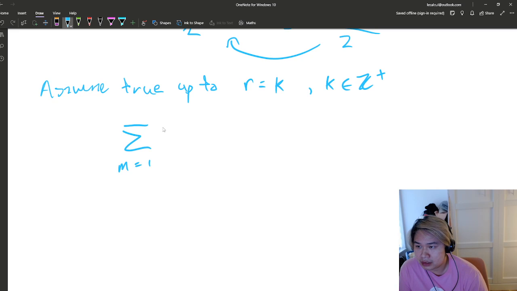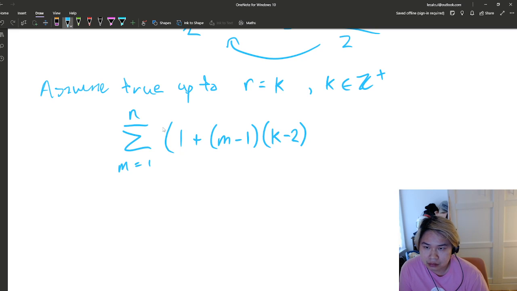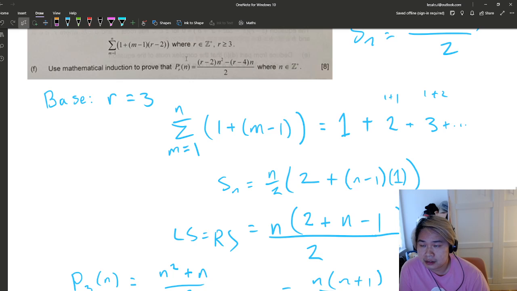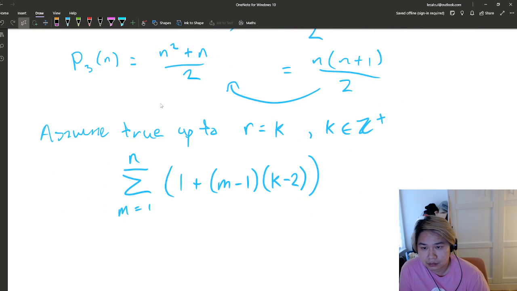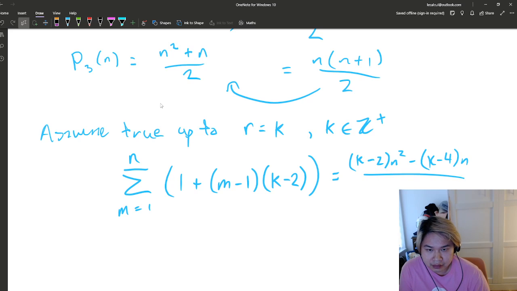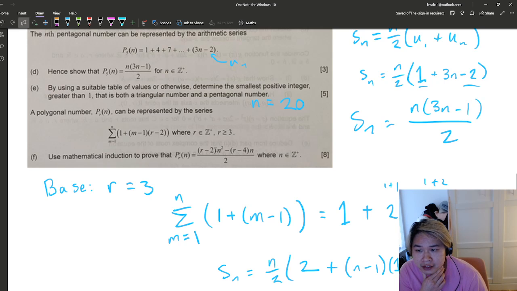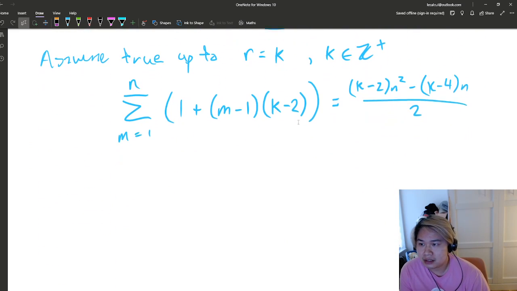So the sum from m equals 1 to n of 1 plus (m minus 1) times (k minus 2), what was it? k minus 2? And then this is going to be equal to ((k minus 2)n squared minus (k minus 4)n) over 2, I think. Substituting k in for r in here. Okay, so we know that this is true.